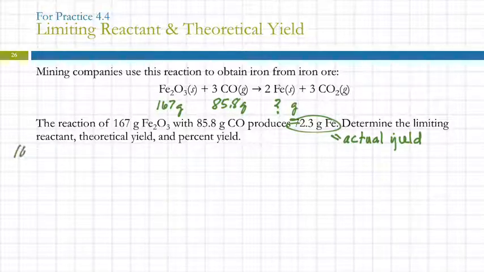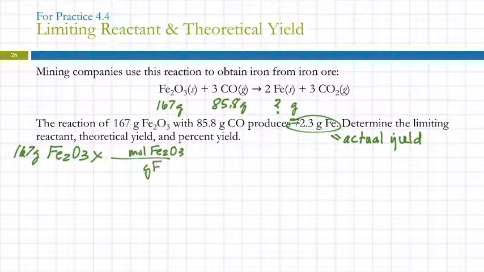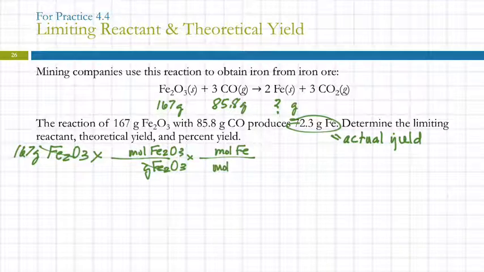Okay, so 167 grams of Fe2O3, grams to moles to moles to grams. So grams of Fe2O3 to moles of Fe2O3, and grams go in the denominator. And then I need moles of the product I'm interested in, moles of iron.